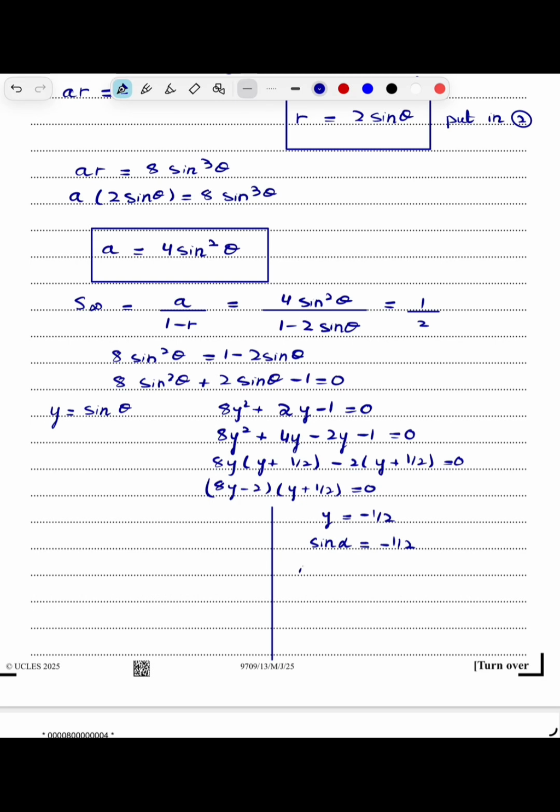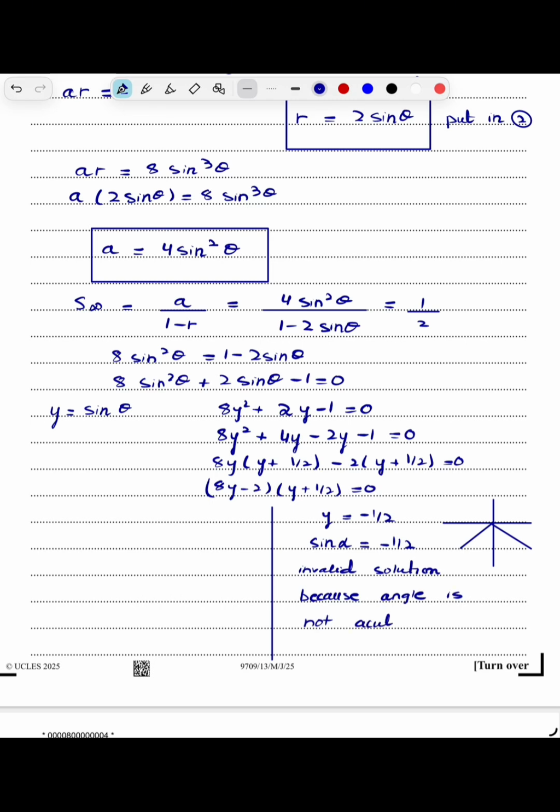This is an invalid solution, because this is going to lie somewhere either on the third or the fourth quadrant. So this is definitely not an acute angle. So invalid solution because the angle is obtuse or is not acute.